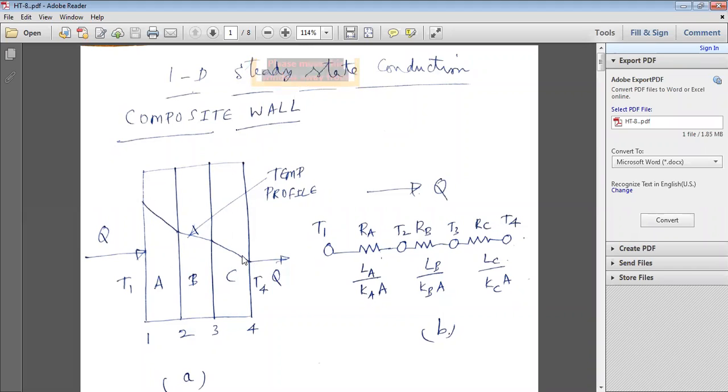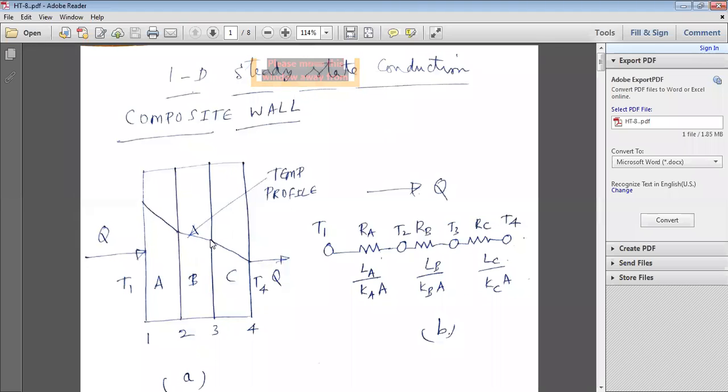The temperature variation is the temperature profile. It will be like this. The temperature decreases from T1 to T2, further decreases from T2 to T3, and further decreases from T3 to T4.